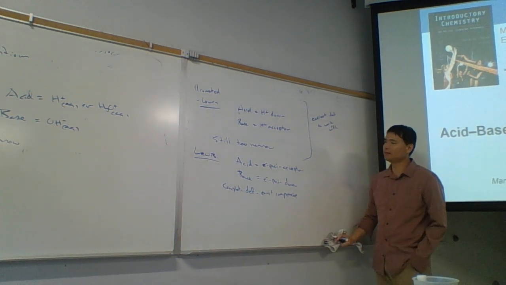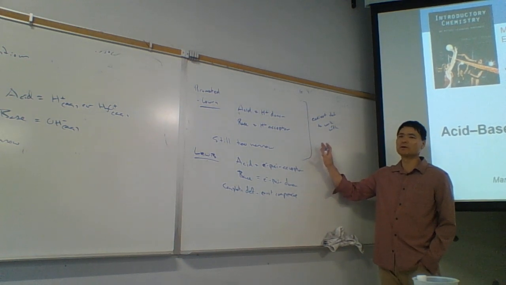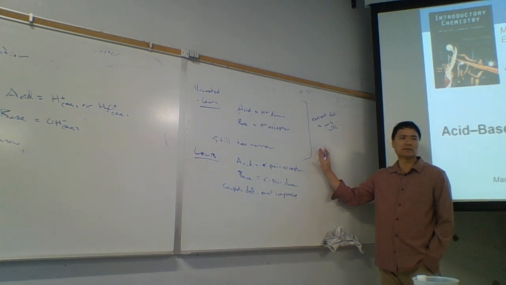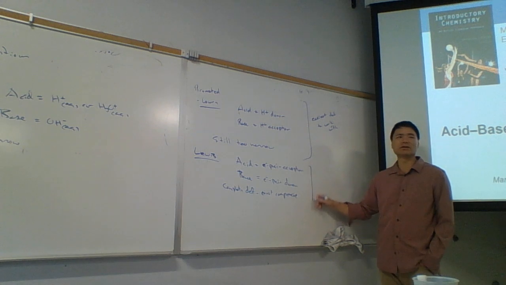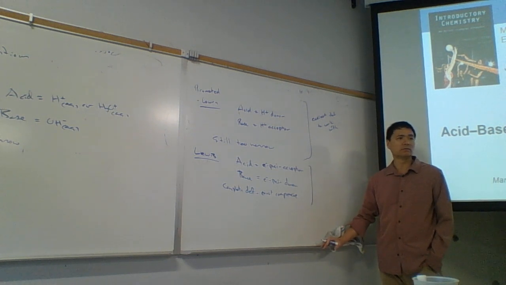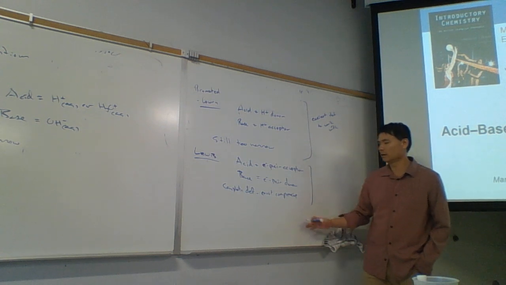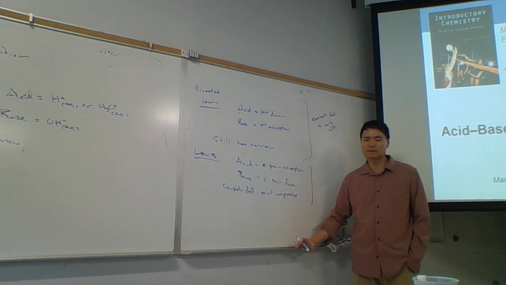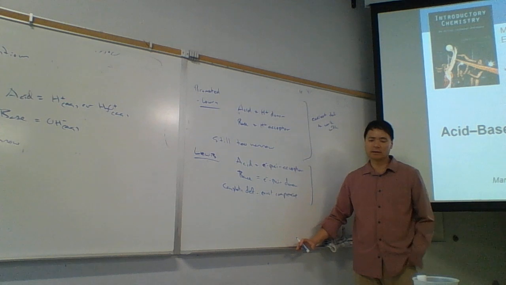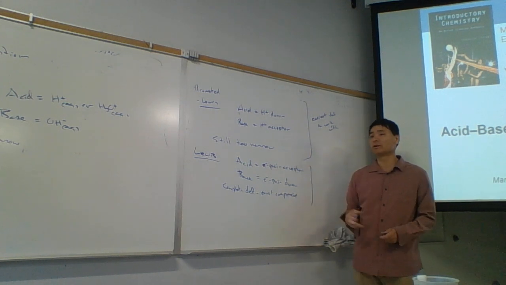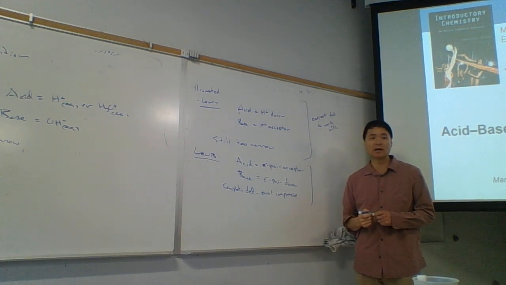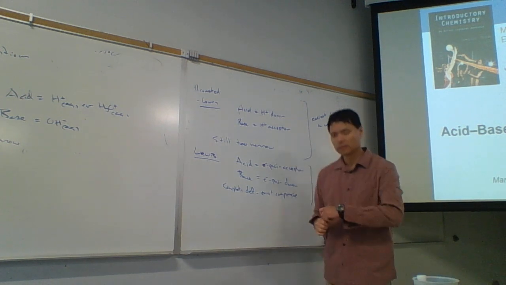So if an acid fits this definition, we're going to use it just because it's easier. But if an acid doesn't fit this definition, then we have to use the Lewis. Even though the Lewis encompasses all acids, we want to look at the acids being Bronsted-Lowry if possible, because that'll make our life a lot easier compared to Lewis. So I'll stop here.